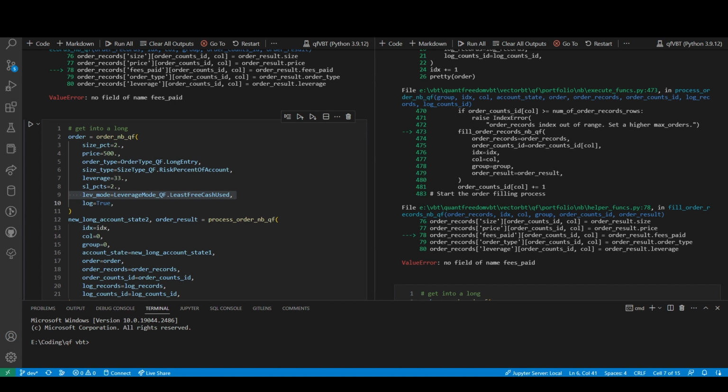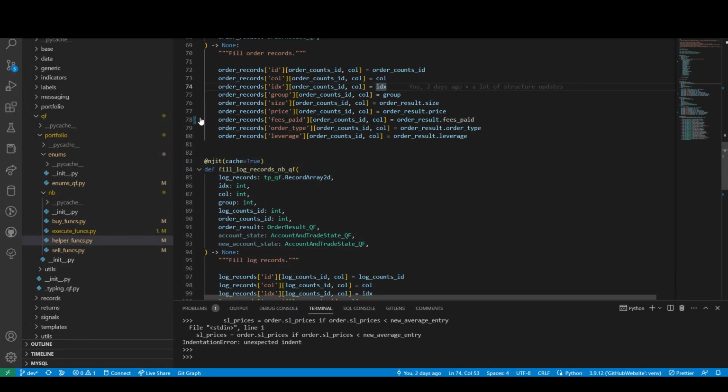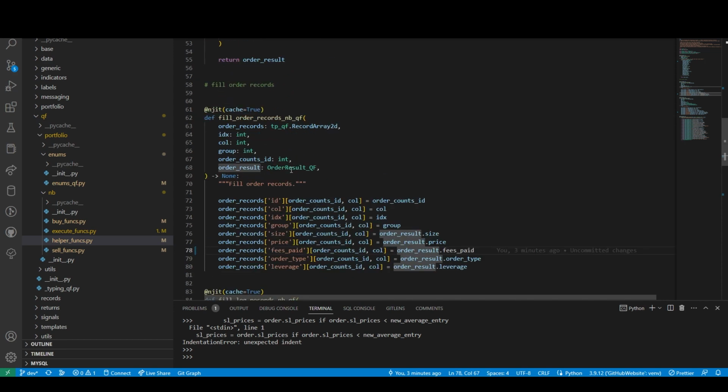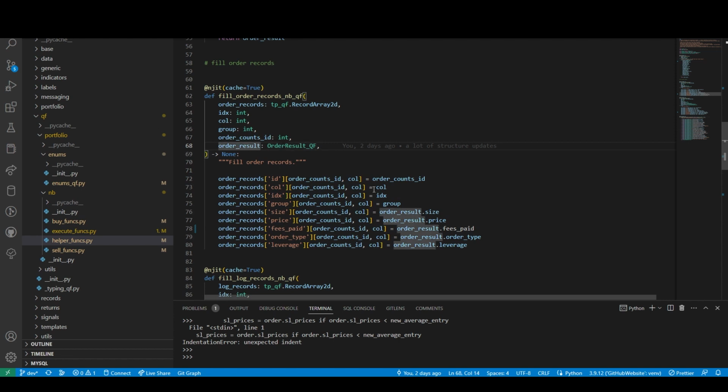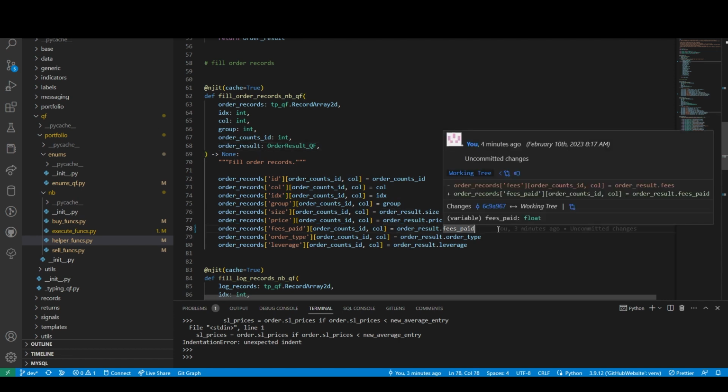An order result. There is something called fees paid. What is this thing talking about? I'm here, 78. Order result is order result QF, which I just added. Order result fees paid.